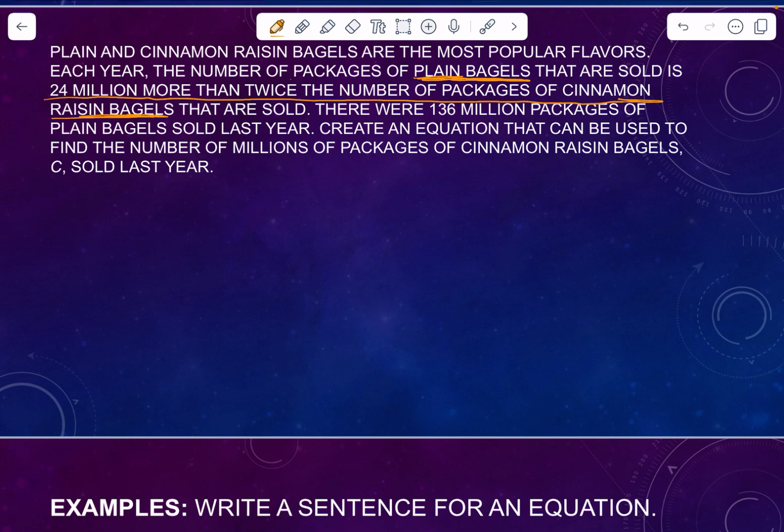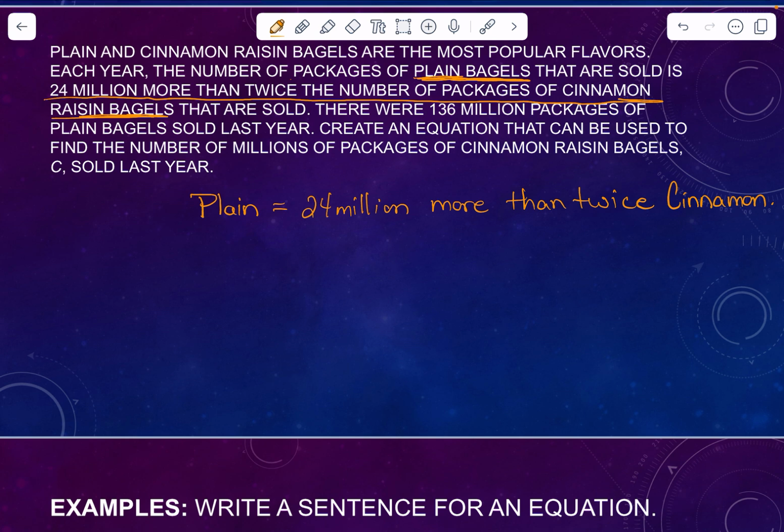When I look at this, I know that the plain is equal to 24 million more than twice the cinnamon. Okay, so I'm just restating that sentence.